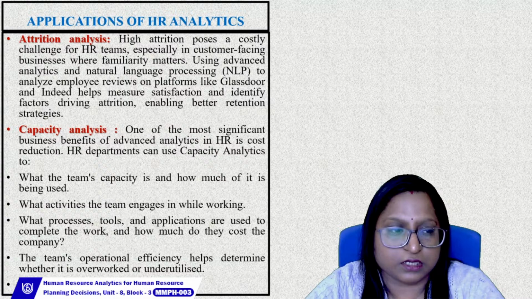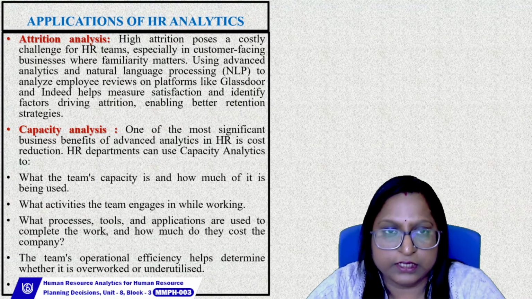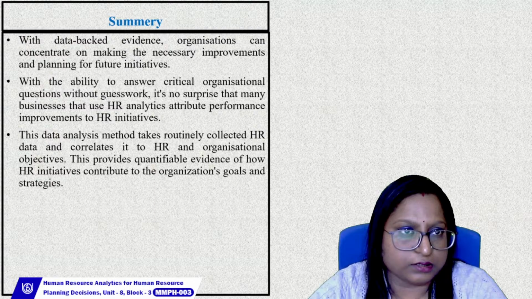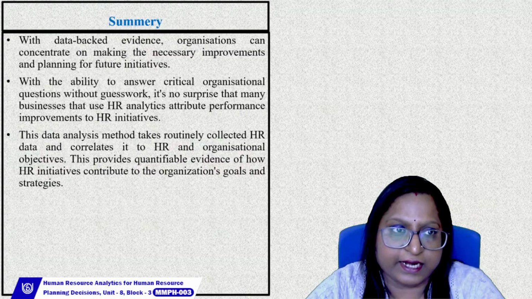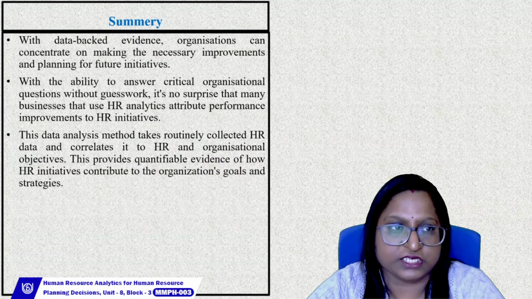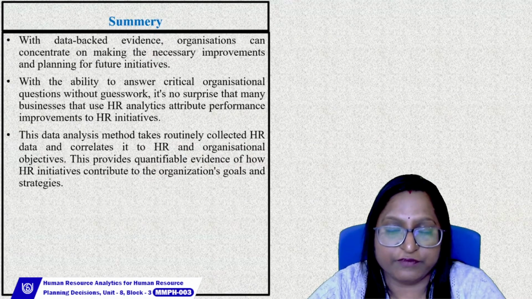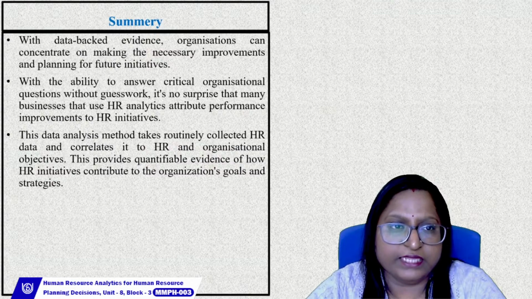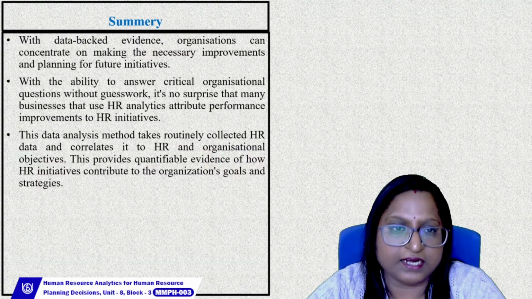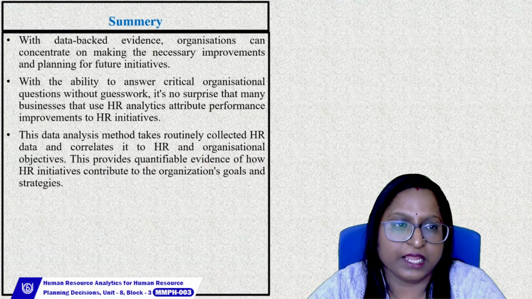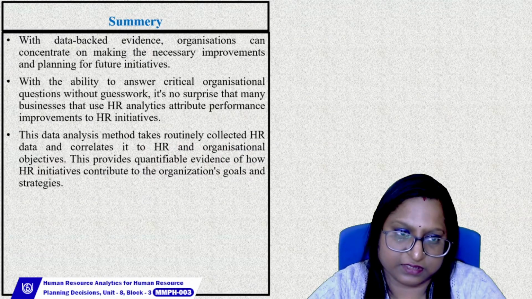So we have discussed all about this unit. Now the summary of this overall unit is that with data backed evidence, organizations can concentrate on making the necessary improvements and planning future initiatives. With the ability to answer critical organizational questions without guesswork, it's no surprise that many businesses that use HR analytics attribute performance improvement to HR initiatives.